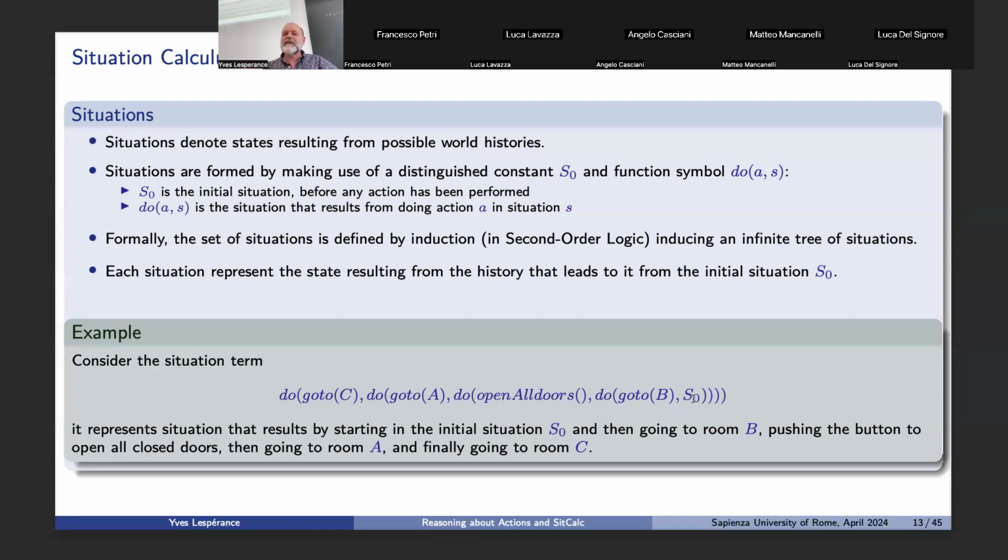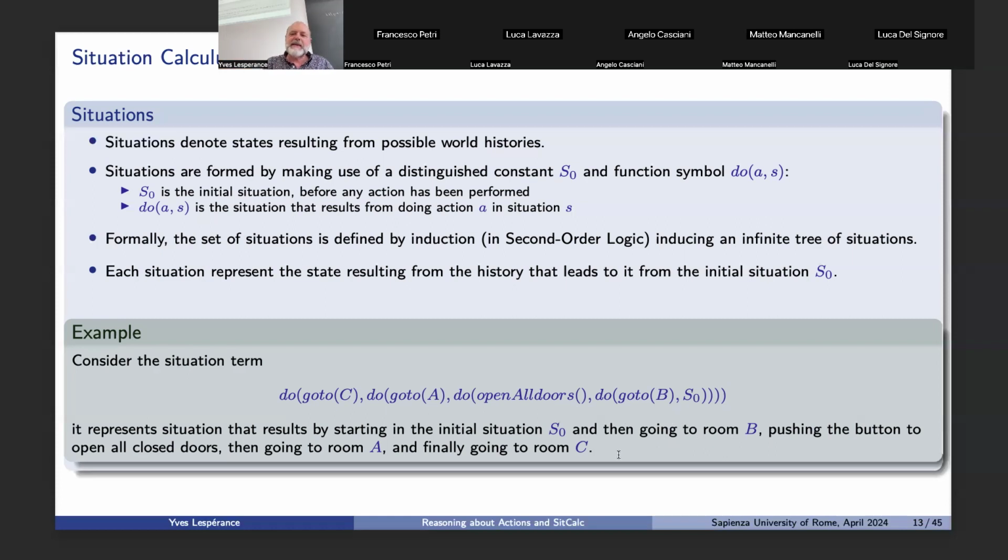Well, it represents the situation where I started in S0, the agent went to B, then he opened all the doors, then he went back to A, and then he went to C. So as you can see, the situation stores the sequence of actions that have been done in sort of reverse order. That's why I was saying it's sort of like a list of actions.